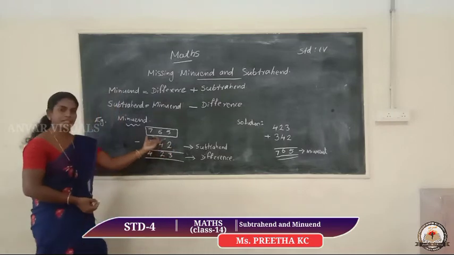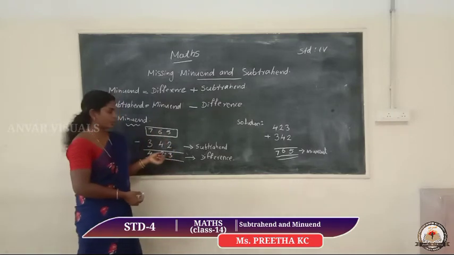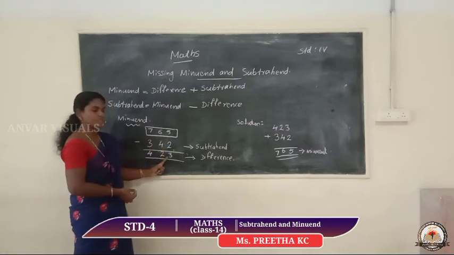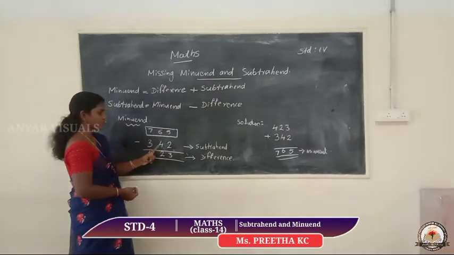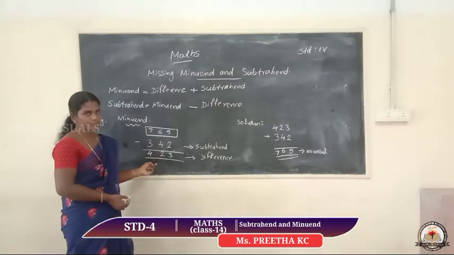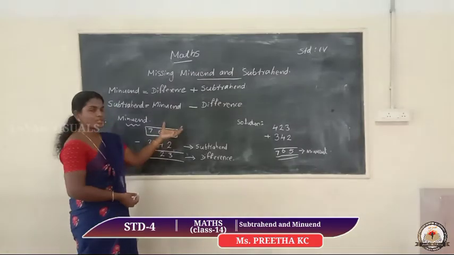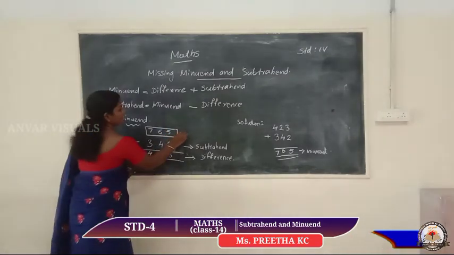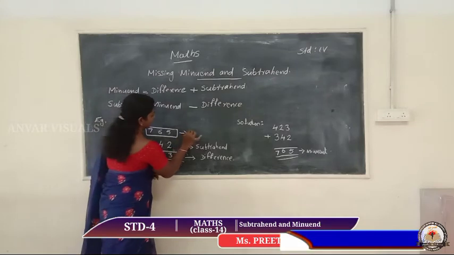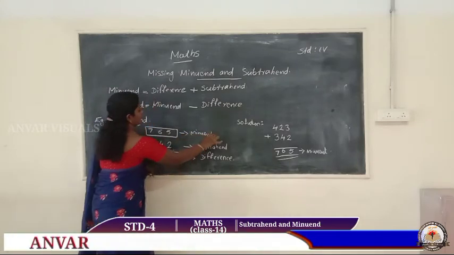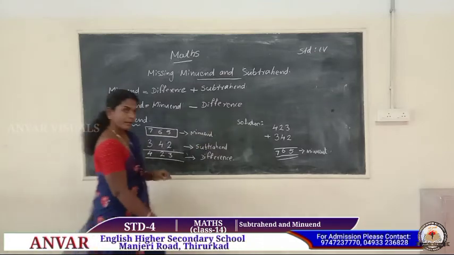Let me check whether it is correct or not. 5 minus 2, the answer is 3. Then 6 minus 4, the answer is 2. 7 minus 3, the answer is 4. So our equation is correct and we got the correct answer for the minuend.